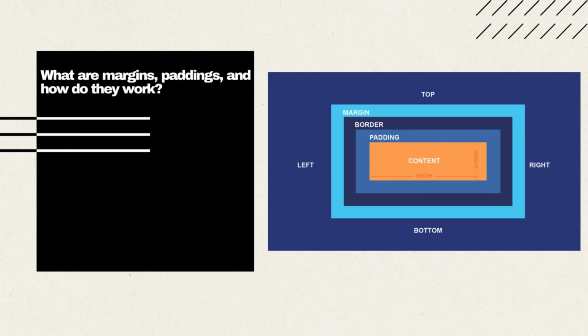Inside that div element, you might have a child element, or you can have content. Think of this border as the box of your div element, because basically every particular element is a box. This is called the box model.